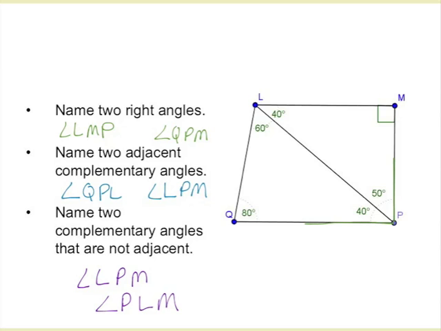Okay, those have different vertices. I can tell just by looking at the names because P and L are in the middles, and that's what defines the vertex. So these are definitely not adjacent. LPM in the picture is 50, and PLM in the picture is 40. 50 and 40 together make 90. So those work out. They do still share a wall, but they don't share a vertex. So they are not adjacent.